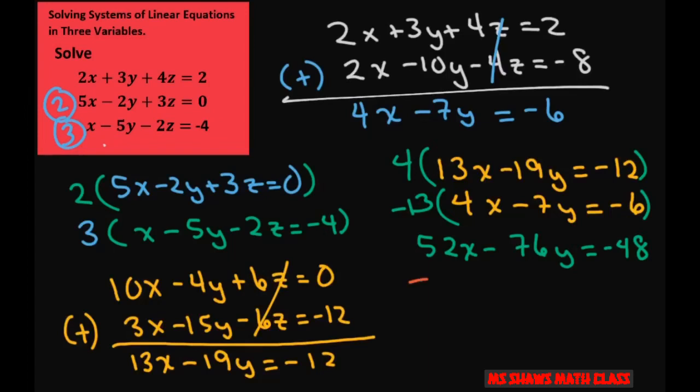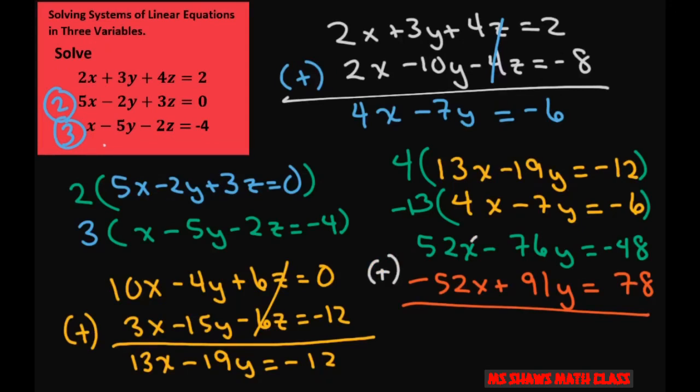And then for the denominator, we'll get 13 times 4, so it's going to be negative 52x plus 7 times 13 is 91, plus 91y equals, and 13 times 6, 78. And then we're going to add.